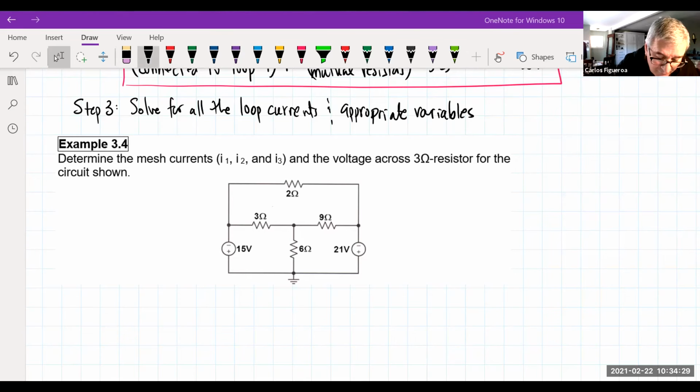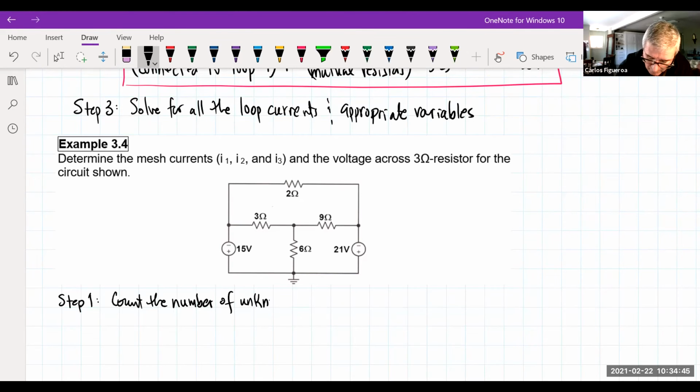And so let's go do this here. In step 1, what I'm going to do is count the number of unknown loops. And when we look at this, we can clearly see that there are 3. So I'm going to say, here's my loop 1, here's my loop 2, and here's my loop 3.